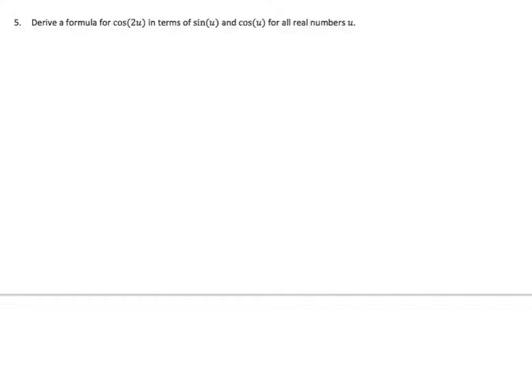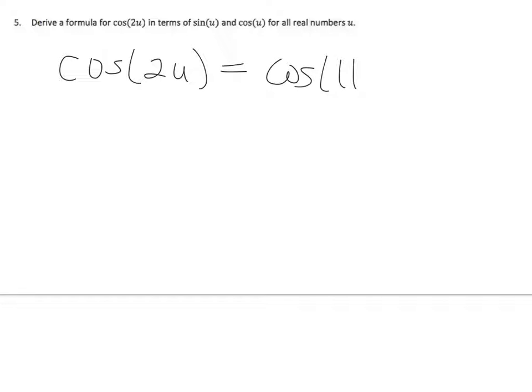Now derive a formula for cosine 2u, which equals cosine of u plus u. Use those formulas, equations that we've already derived. So that gives me cosine u, sorry, I had to go back and look at my notes.